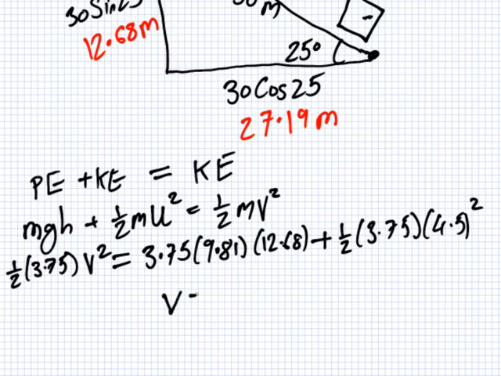So V equals 16.4 meters per second. Now please, that is only the speed.